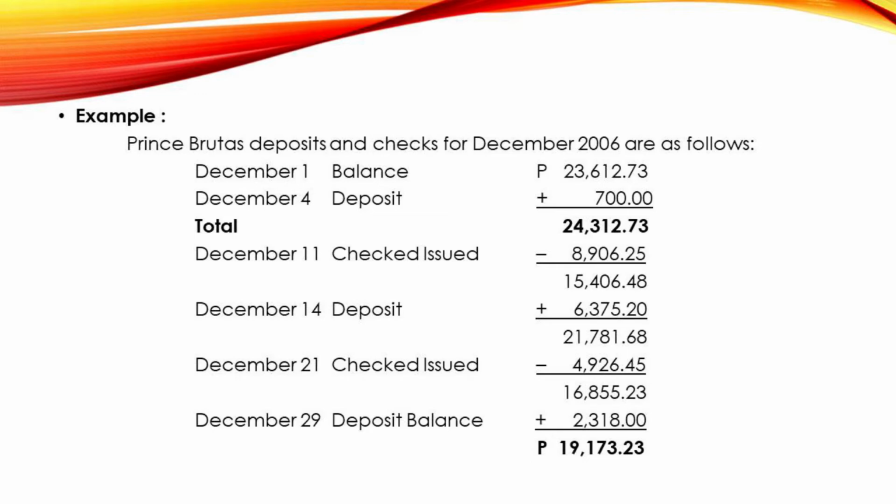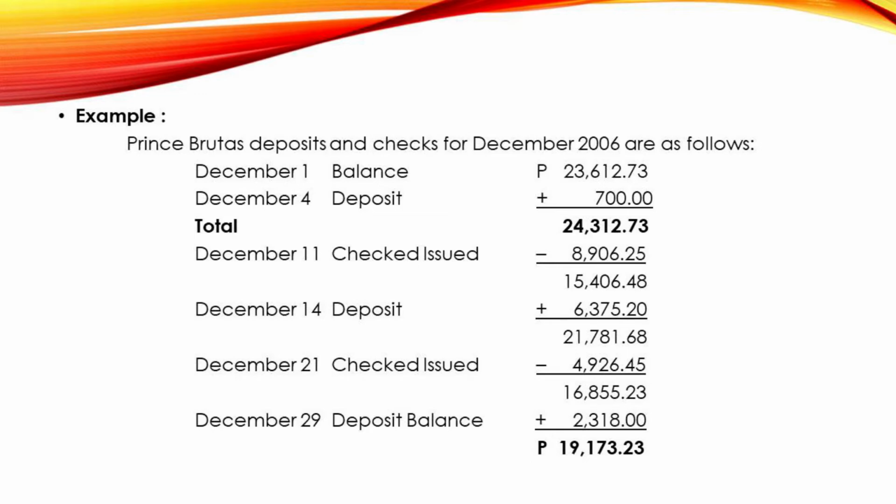Next, first po, meron December 1, so ang balance po natin, December 1 ay 23,612.73 plus po natin yung December 4 na nag-deposit po tayo ng 700 pesos. So ngayon, ang magiging total po natin ay 24,312.73 pesos.